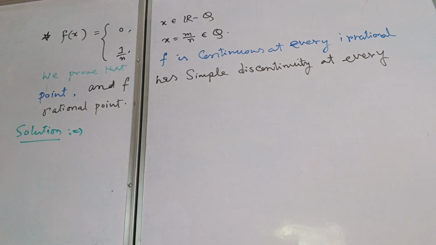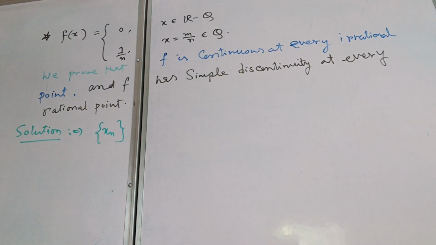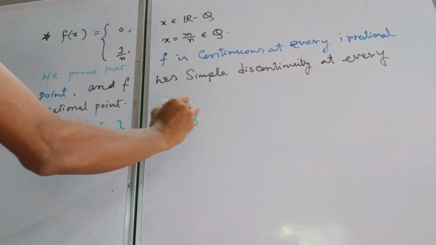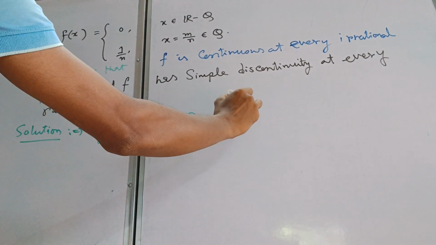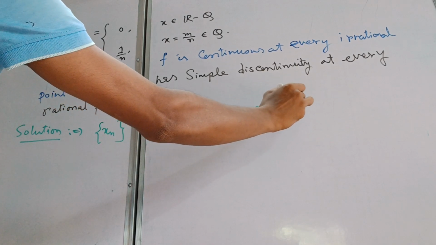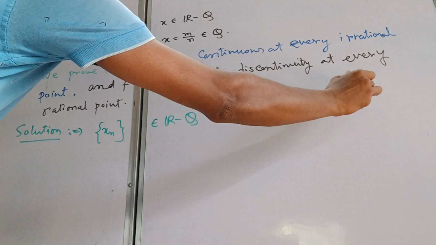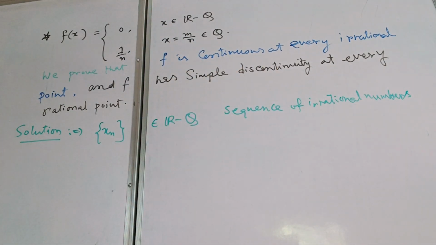Now also write in this way. We take one sequence xn, a sequence from R minus Q, that means a sequence of irrational numbers. Understood?